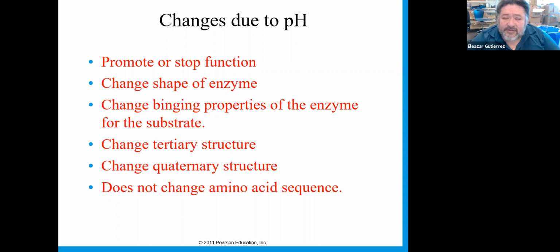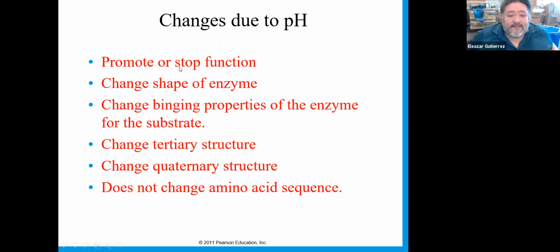So consequently, what evolution has done is that the enzymes that enter environments of low pH enter in a non-functional form, and the pH causes something to happen to the enzyme in order for it to become activated, which is very cool. And this is mostly true of digestive enzymes.